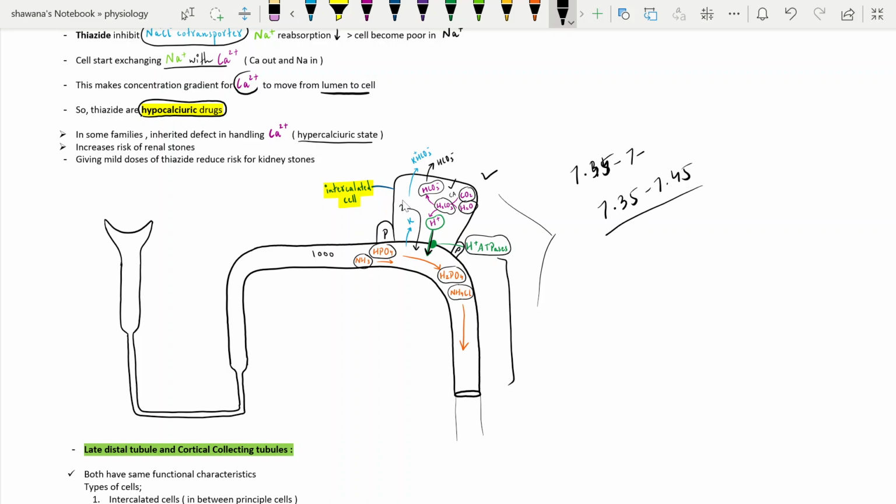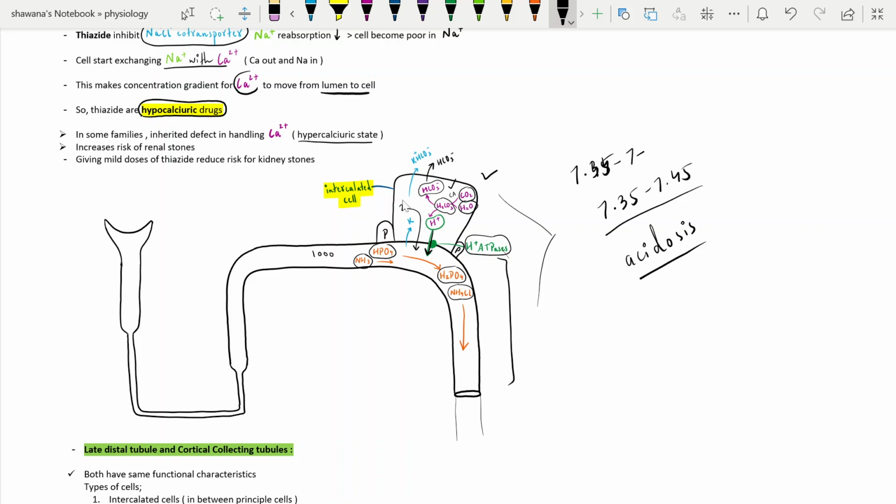Carbonic anhydrase is a very important enzyme used to maintain our pH in case of acidosis. Okay, in case of acidosis, our blood has a lot of acids like protons, lactic acid or sulfuric acid, etc.